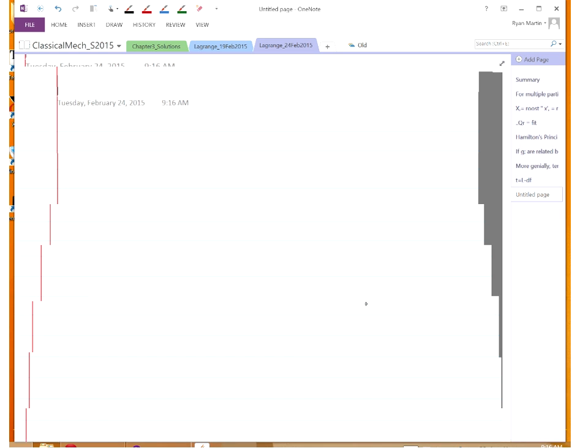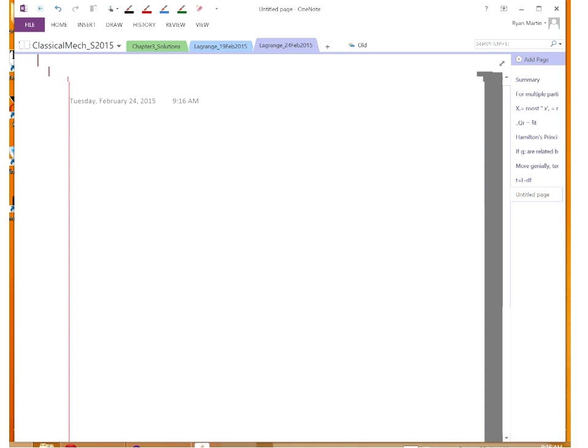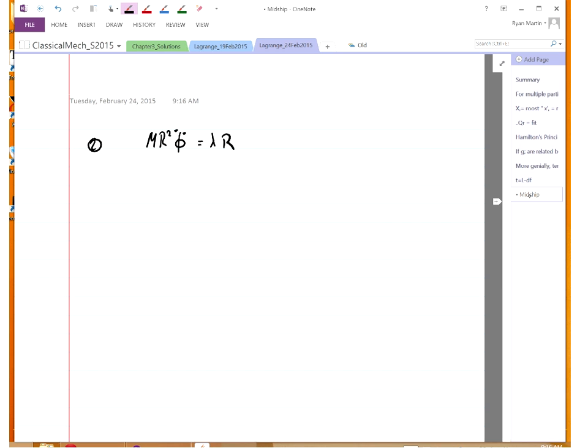So let me take equation 2. Equation 2 tells us that capital M R squared phi double dot is equal to lambda r, right? I'm just going to move the lambda r in equation 2 here to the other side.